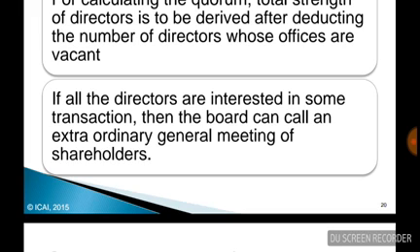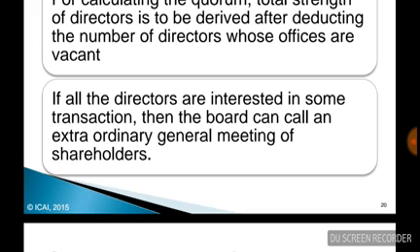And the director who is a promoter or manager or CEO in any other company will be an interested director. So again, the director either individually or together holds more than 2% of the voting power, or is a partner in a firm, a member in a company, or a promoter, manager or CEO. So these are interested directors.